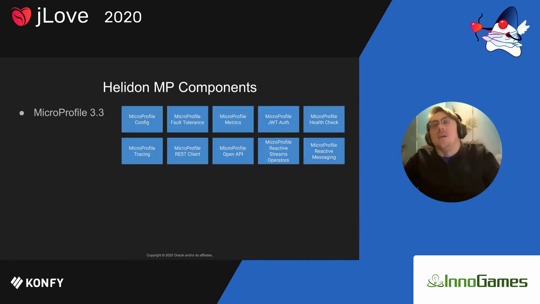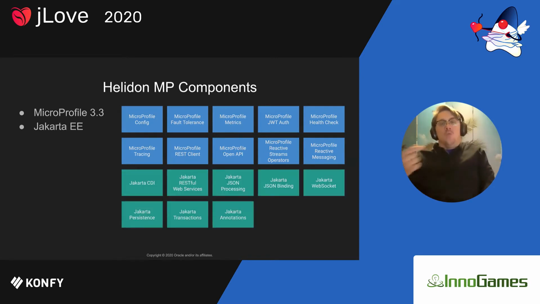So, and where is Helidon with that? Helidon fully supports MicroProfile 3.3, and we are on our way to being one of the first to support version 4.0 of MicroProfile. So you do have all the necessary specifications implemented by ourselves. And moreover, we add some specifications which are part of Jakarta EE. So from our side, you will also get the benefits of transactions, annotations, and persistence, by the way.